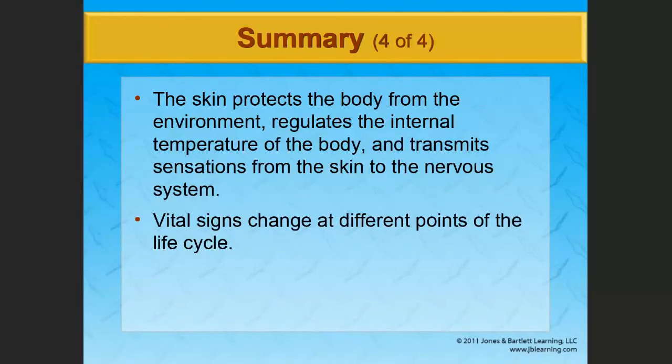The skin protects the body from the environment. It regulates the internal temperature of the body, and it transmits sensations from the skin to the nervous system. Vital signs change at different points of the life cycle.